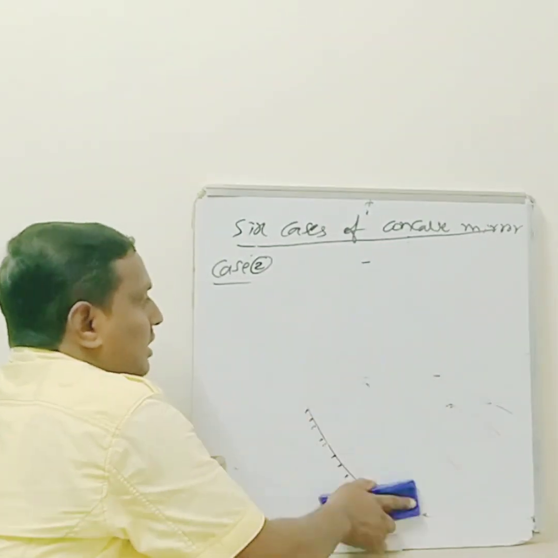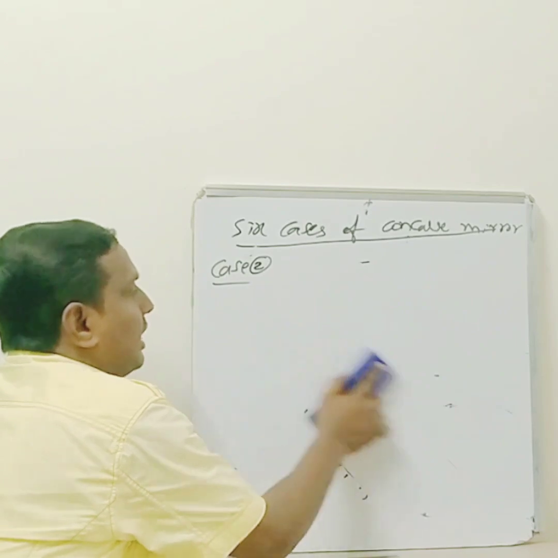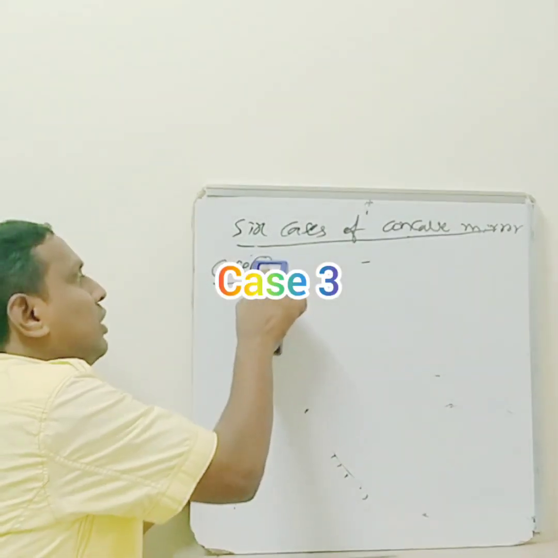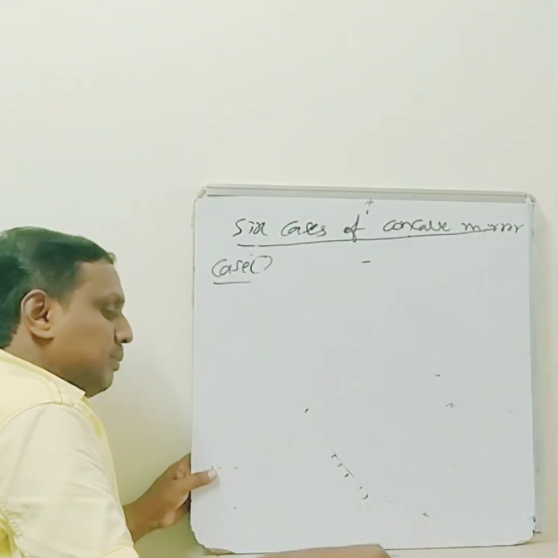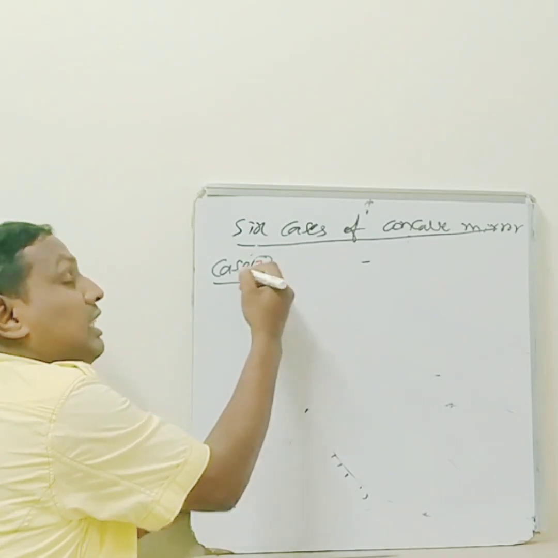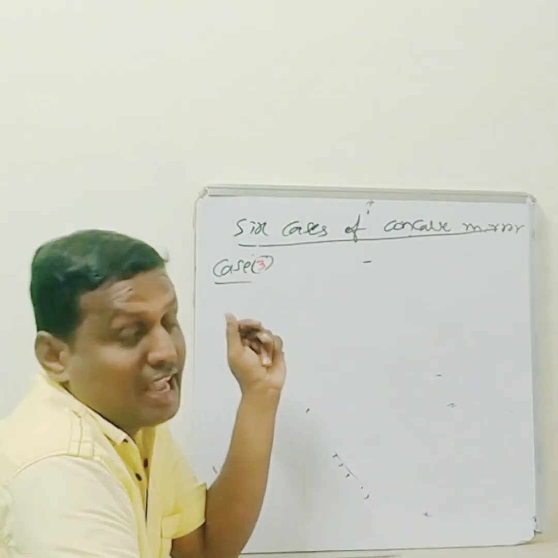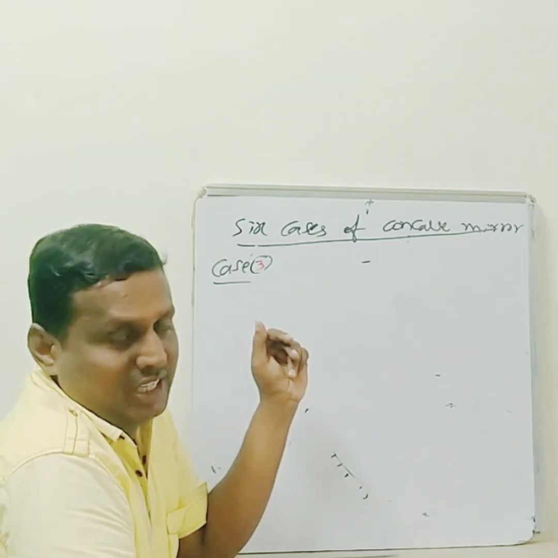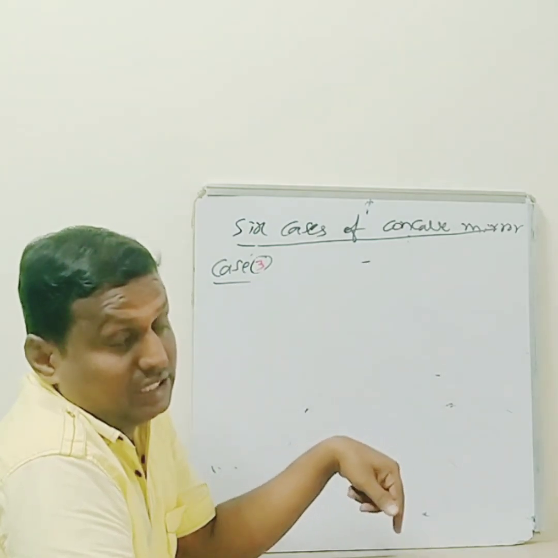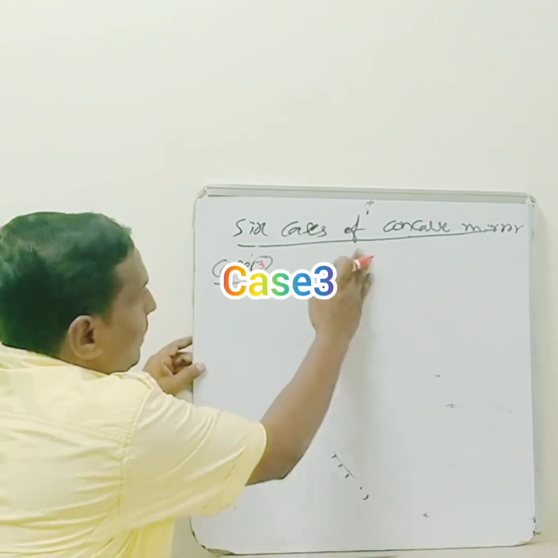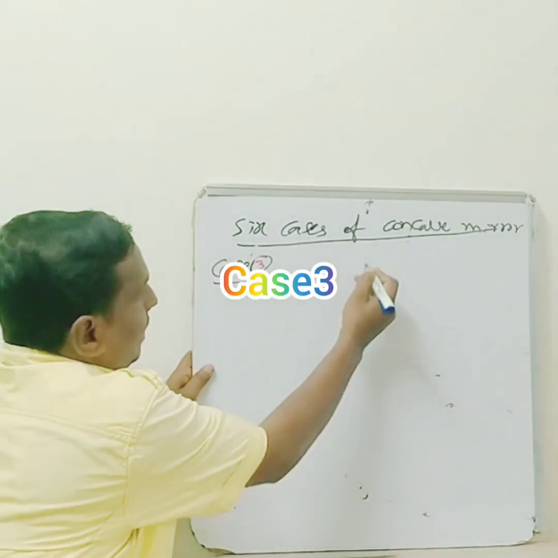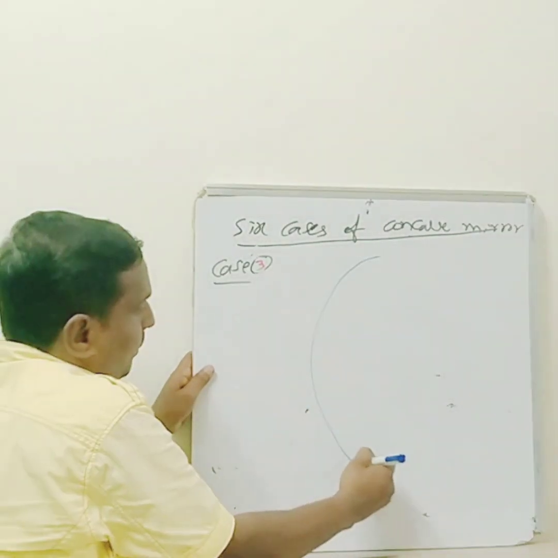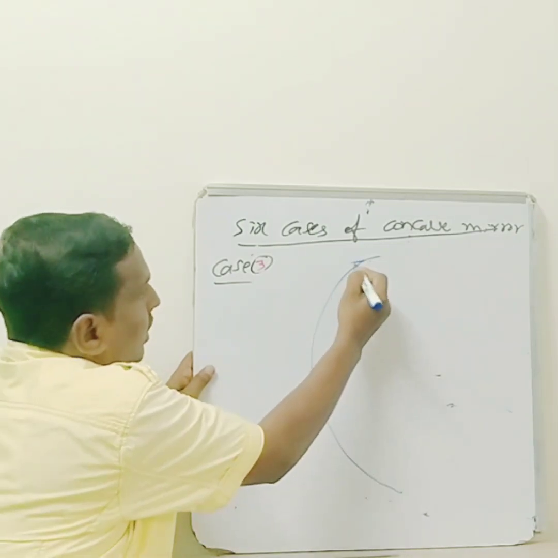So case 3, sorry, case 3, is when the object is between F and C, between focus and center of curvature. Okay. So now you take a concave mirror.